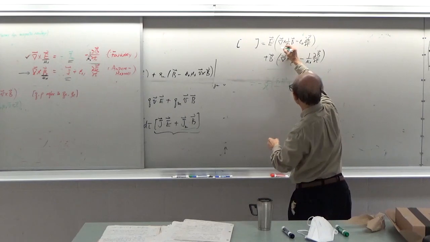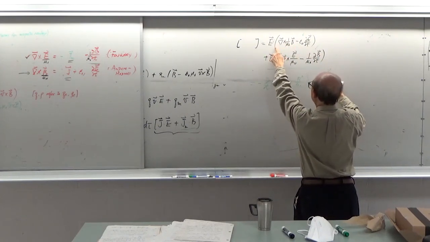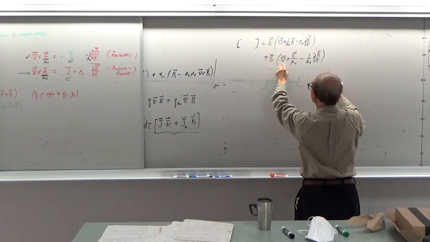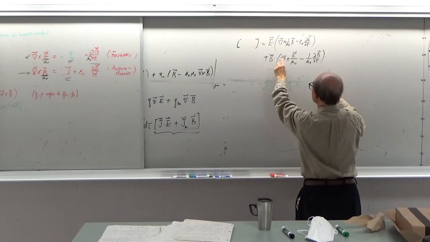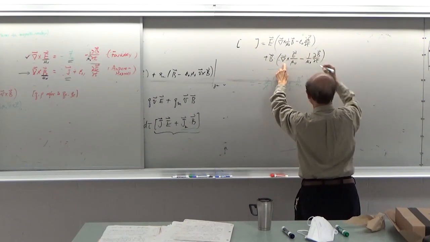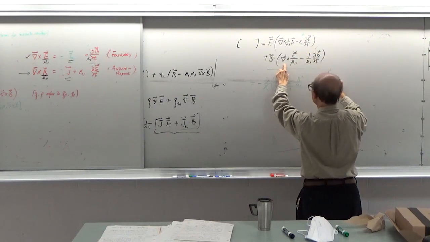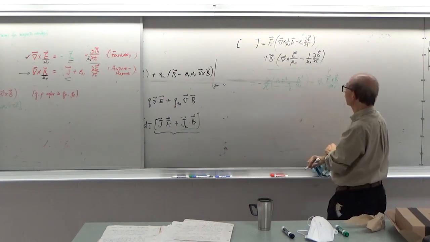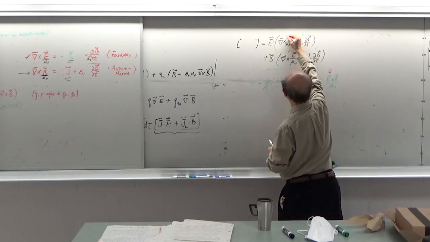These two terms can combine, E dot curl B and B dot curl E with a minus sign, so that should be minus divergence of E cross B over mu naught. This term would be the sum of these two terms.